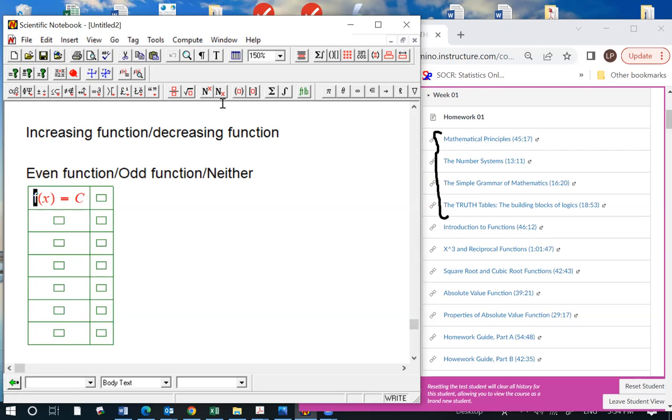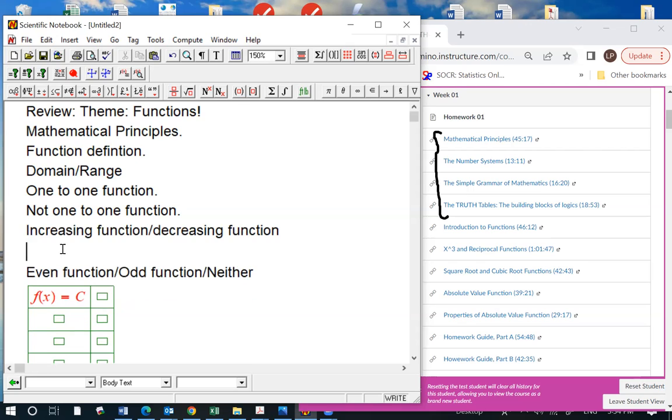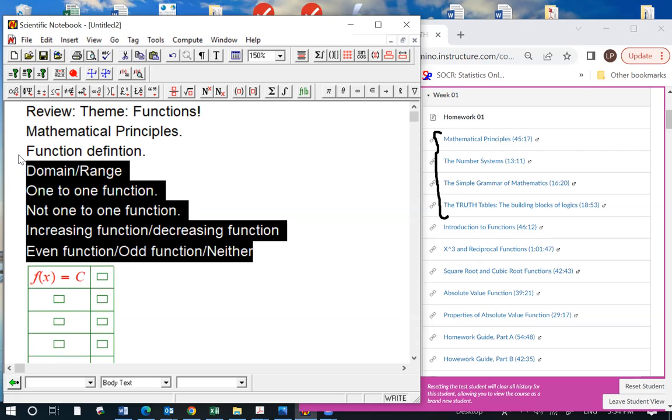For constant functions, we talk about domain, range, and graph. At the function definition, of course, we have introduced domain and range. So all of these concepts will be talked about for all of the functions we studied in this semester.